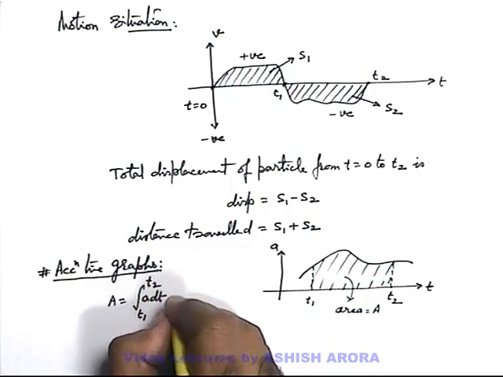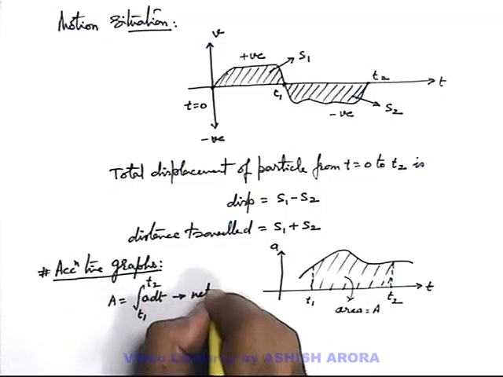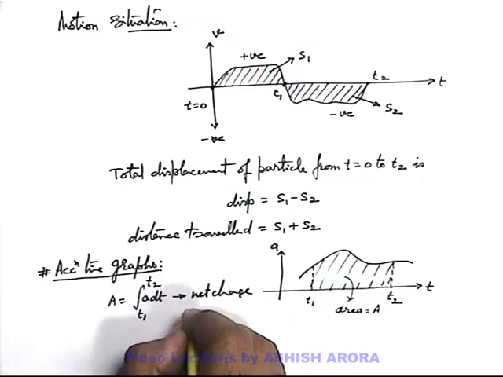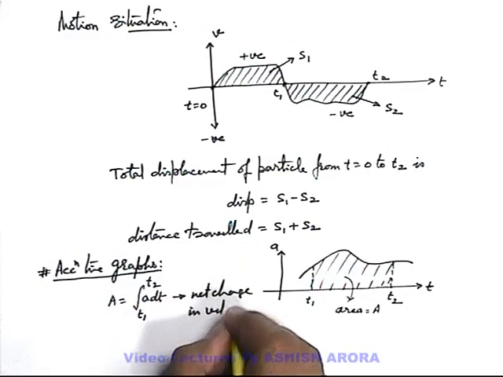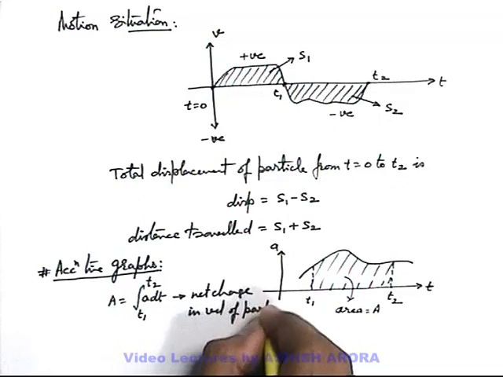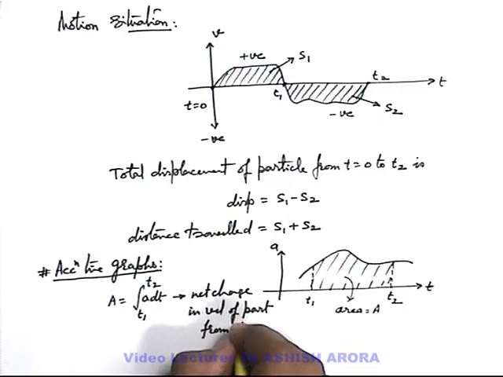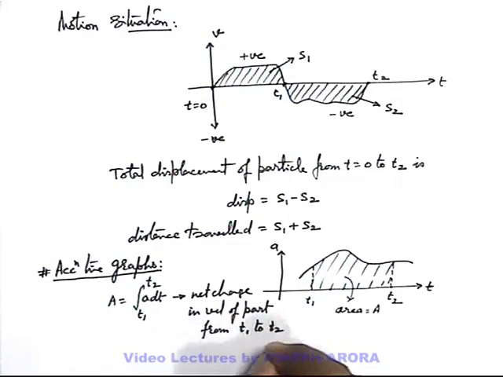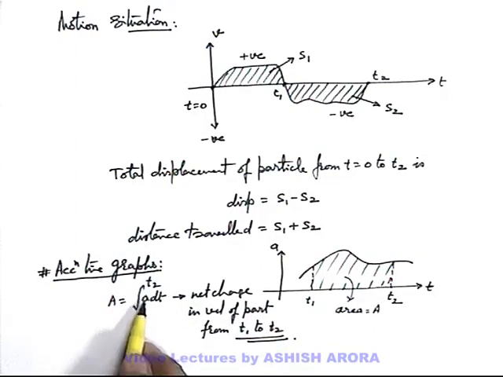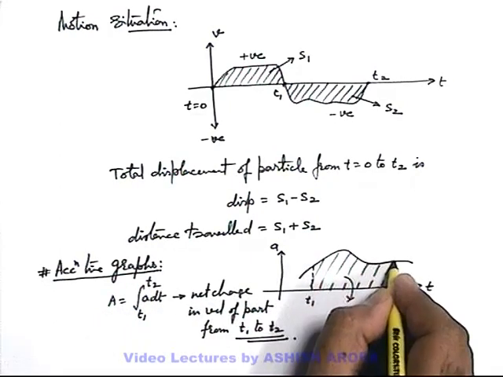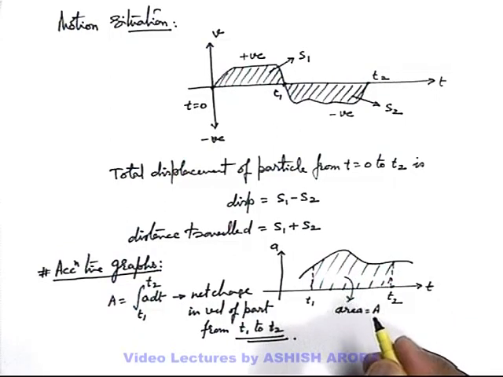This a dt will give us the net change in velocity of the particle from t1 to t2. This is something important to keep in mind: integration of a dt from t1 to t2 gives us the net change in velocity of the particle in going from time t1 to time t2. This you should always keep in mind.